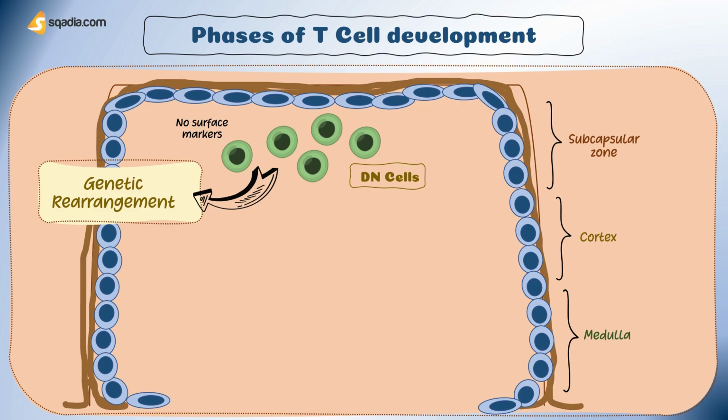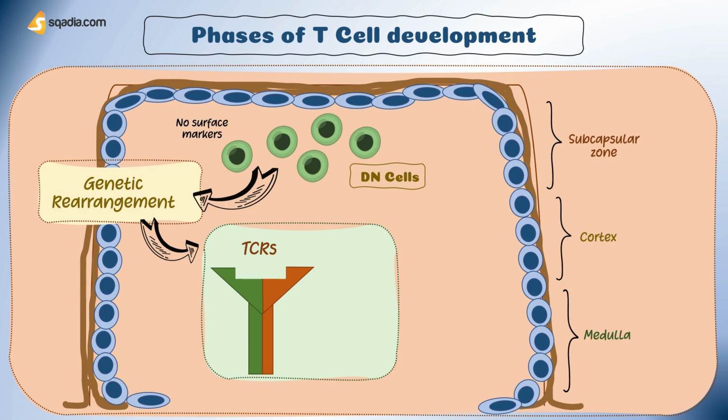So, these double negative, DN, thymocyte subpopulation then undergoes several important differentiation events, as these DN cells become committed to the T-cell lineage, because TCR gene rearrangements begin to occur. These TCRs or T-cell receptors are heterodimeric membrane proteins, and they resemble in structure immunoglobulins or antibodies.